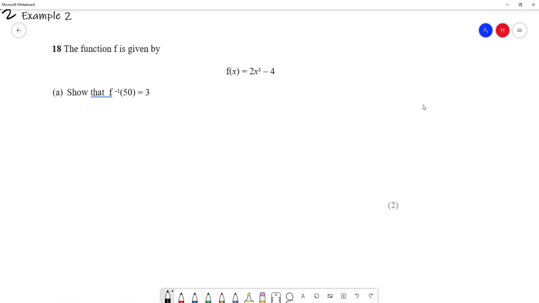Okay, I've got another question for you to try. You can pause the video, and when you're done, I will go through my worked solution. Okay, welcome back. We've got to find the inverse function for this question. So we say y equals 2x cubed minus 4. Swap x and y, so we get x equals 2y cubed minus 4.